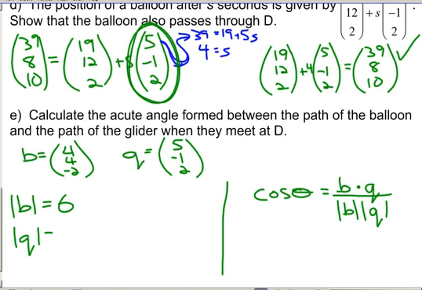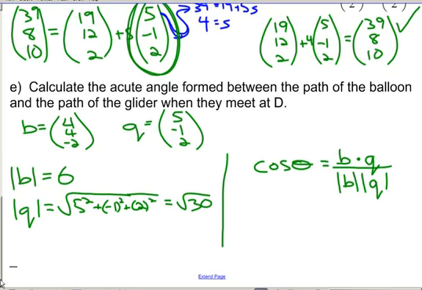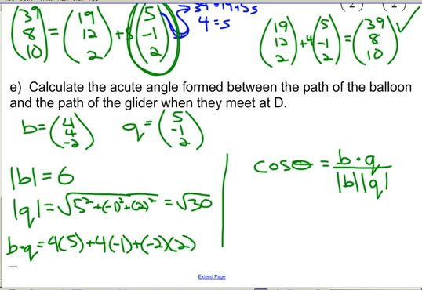The magnitude of Q is going to be the square root of 5 squared plus negative 1 squared plus 2 squared, or root 30. And I also need to find the scalar product or dot product of the two. B dot Q is going to be 4 times 5 plus 4 times negative 1 plus negative 2 times 2. Work that out, and I'm going to get 12.